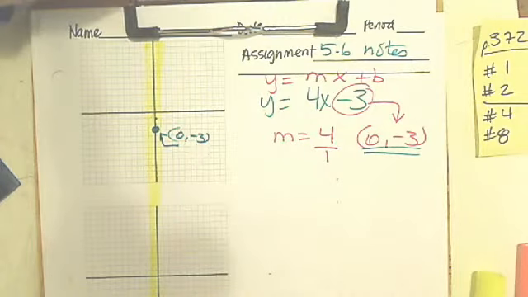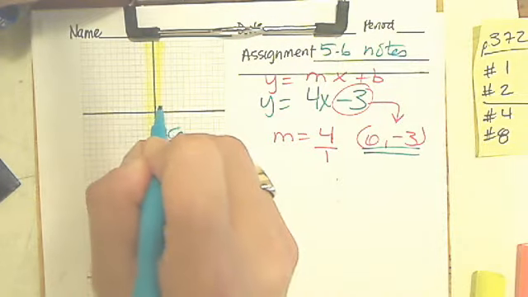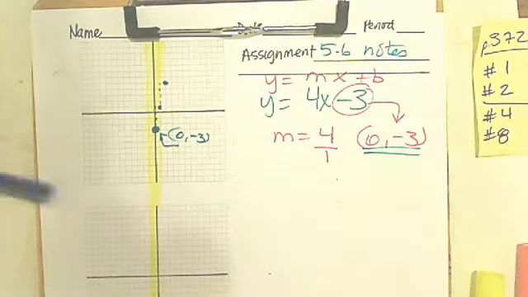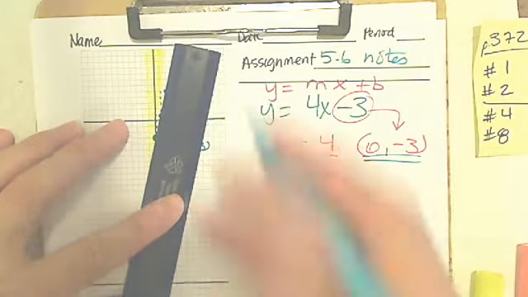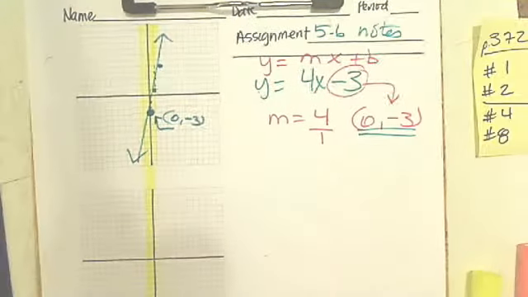What's my slope? 4 over 1. Okay, from that point, move up 4 to the right 1. Up 1, 2, 3, 4, right 1. All we really need is 3 points for now. Once you have 3 points, graph the line. Arrows in the end. There's your slope.